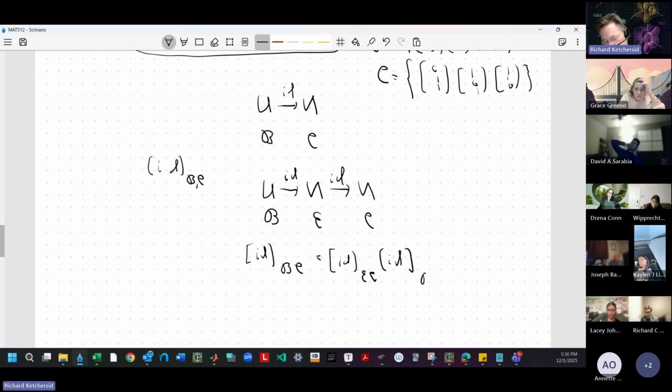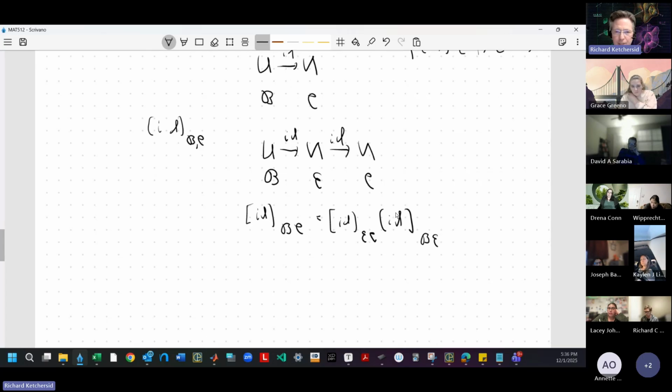And then here I have B and E, right? So I'm going from basis B to E, I'm going from basis E to C, and all I'm doing is the identity map, right? So as far as the vectors are concerned, I'm doing absolutely nothing, right? So this is a good example of where there's a difference between the representations and the actual objects, right? So we're playing around with the representations here and not the actual vectors themselves, right? The vectors aren't changing at all. It's just the identity map, right?